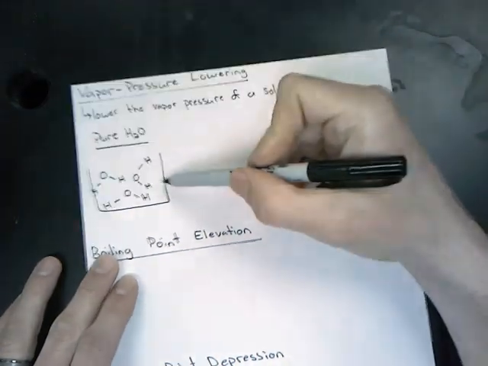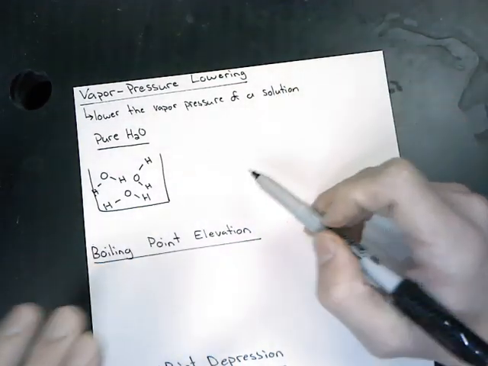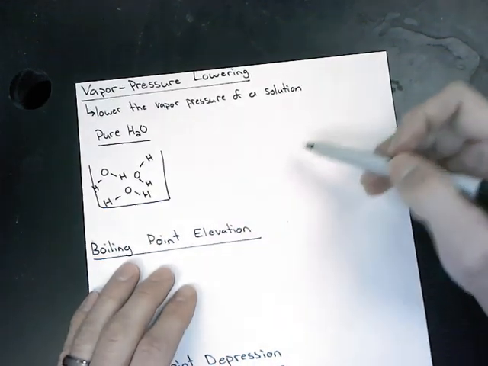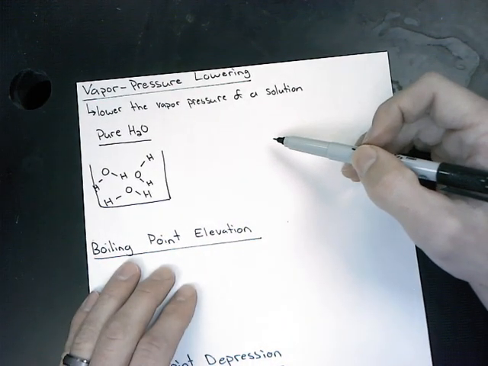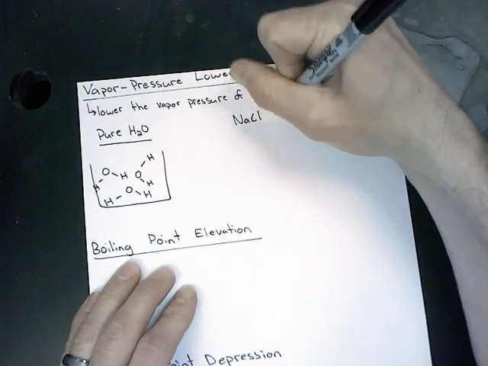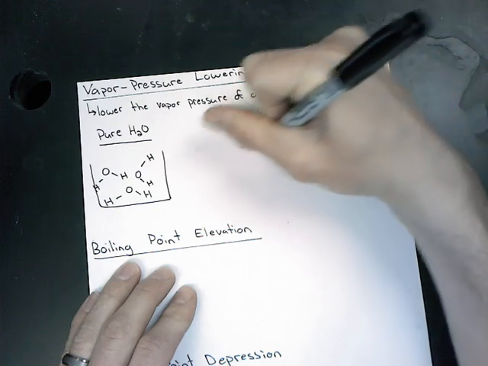Now, this is pure water, a pure substance. We will talk about the difference between a pure substance and a solution. So let's say in this beaker over here, we have a solution of sodium chloride that is dissolved in H2O.